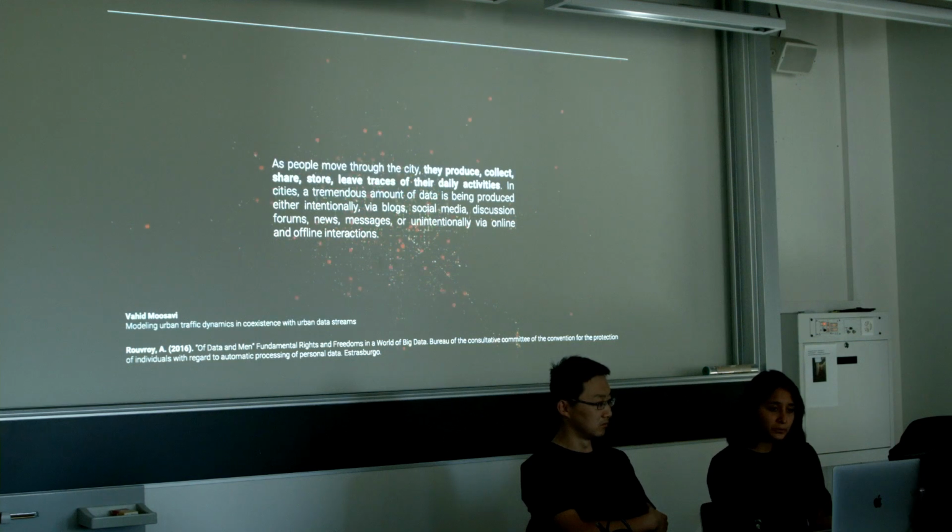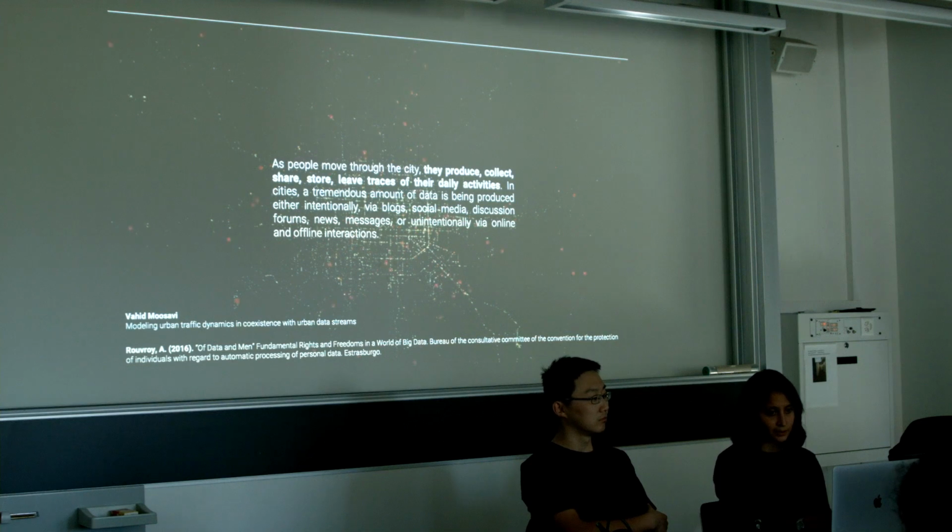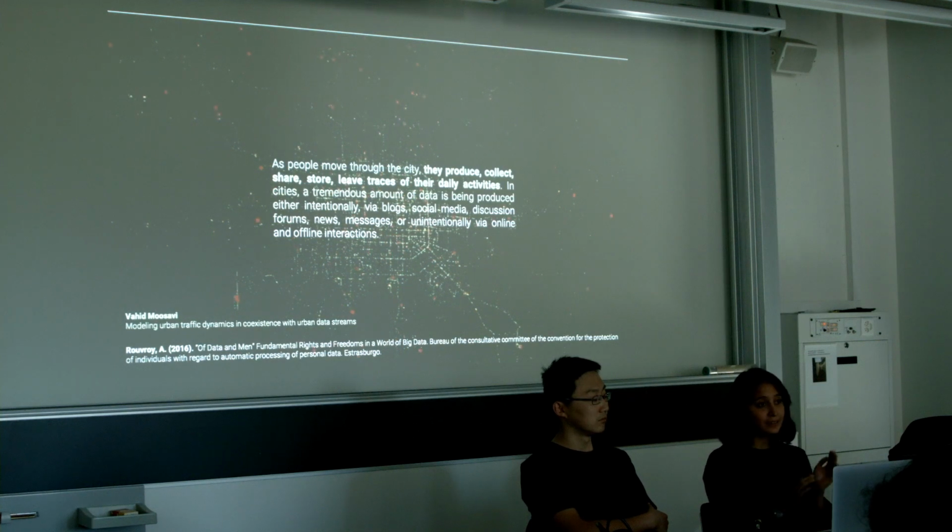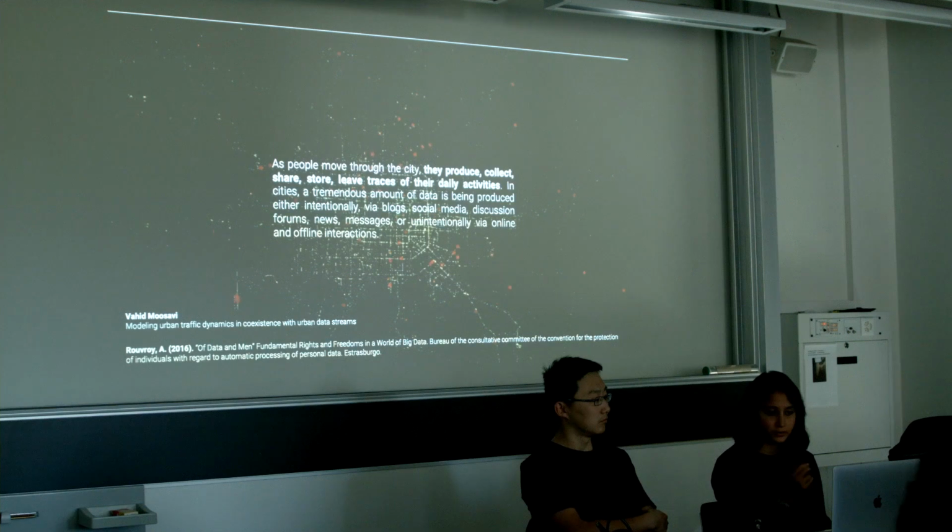By 2002, humans had produced 2 exabytes of data. In 2009, 260 exabytes. And nowadays, the digital universe is made up of more than 1,200 exabytes, and 90% has been produced in the last 2 years.